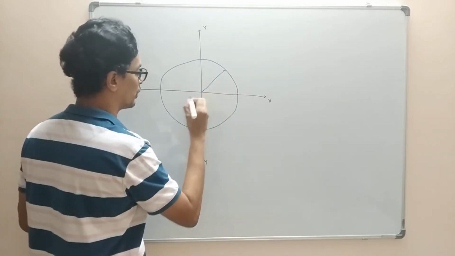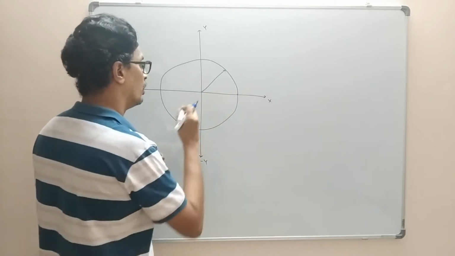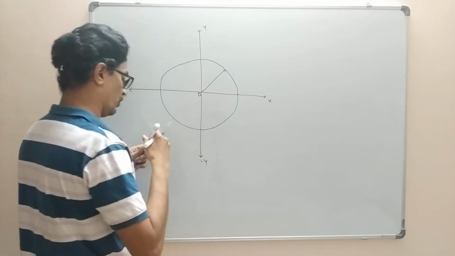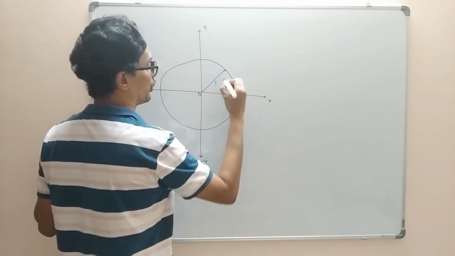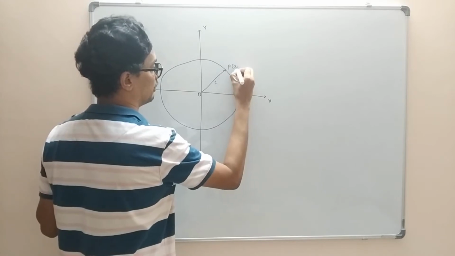So this is the origin, and this is 1, and I am going to have one point P that is equal to (x, y).